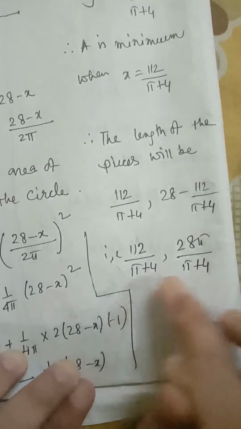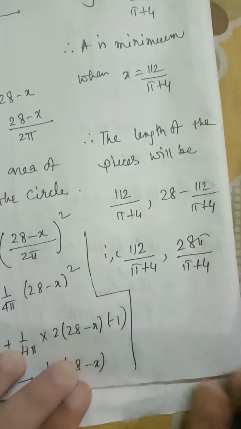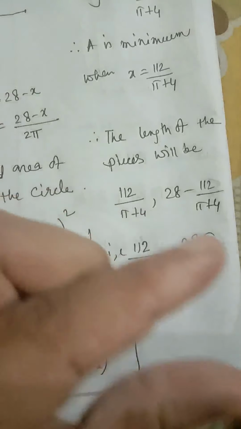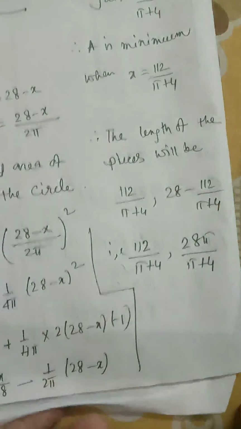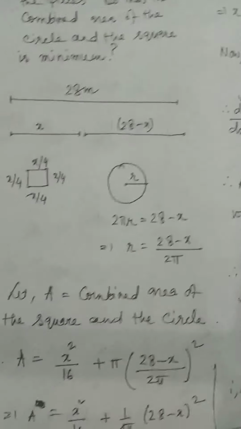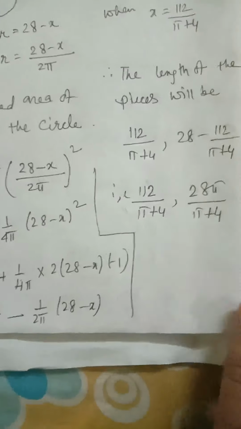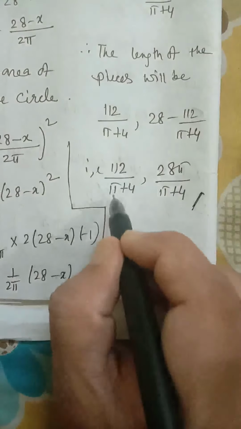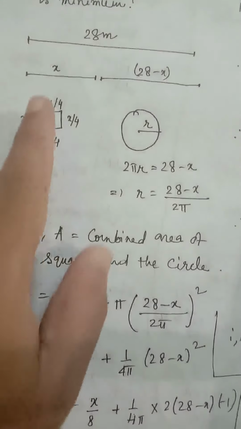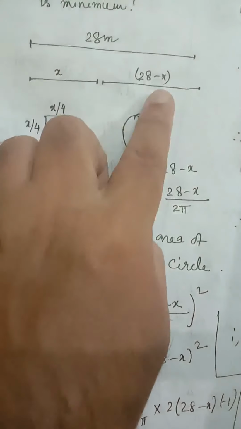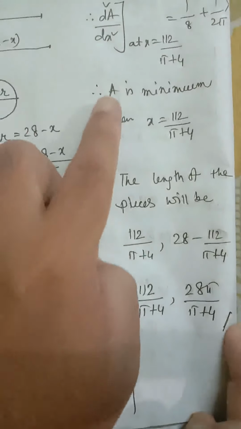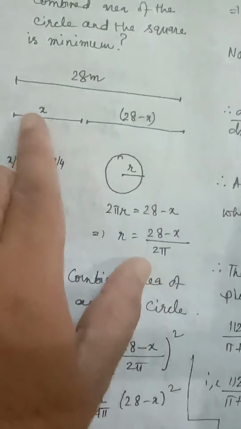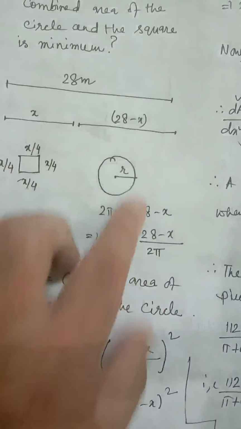So these are the lengths of the two pieces, so that if we form a square with one of them and a circle with the other, the combined area of the square and the circle will be minimum. So our answer: x and 28 minus x are the lengths of the pieces, and we have seen area is minimum when x equal to this. Putting x equal to this in these two parts, we will get the lengths of the two pieces.